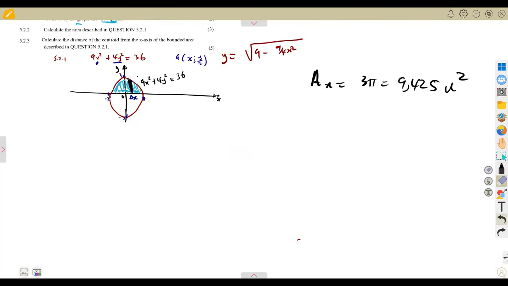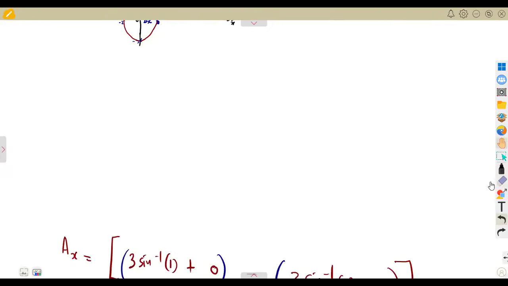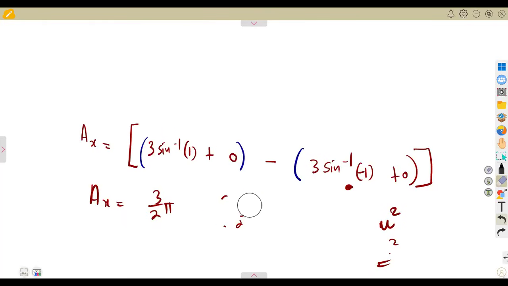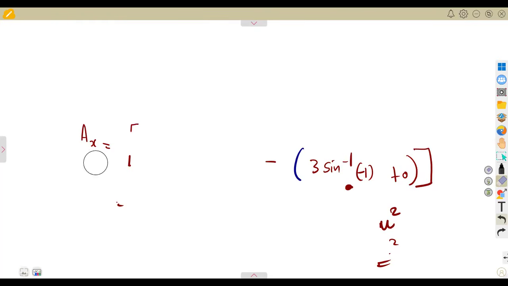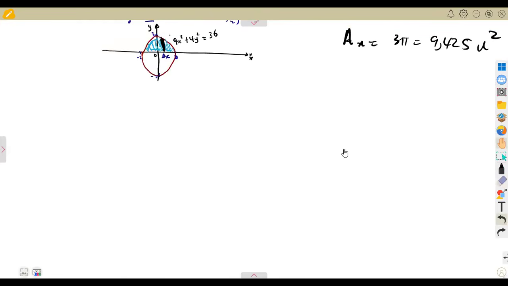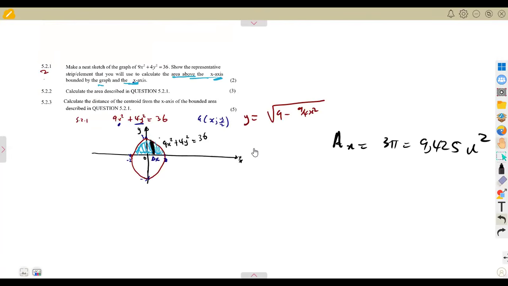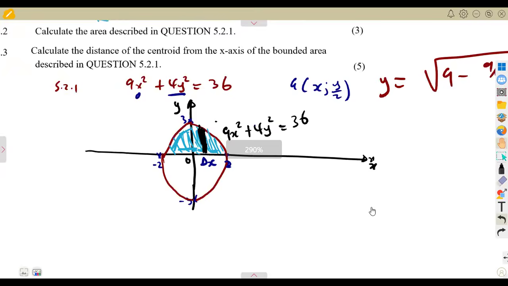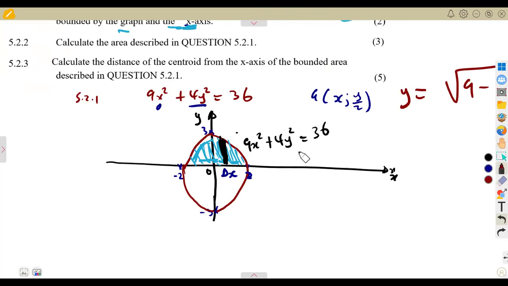Let's see the other part of our question. What is it that we are supposed to calculate now from this function? So you see, guys, it's just a repetition of what we had before, only that now you have to use another formula. This time they want us to calculate the magnitude, which is the distance of the centroid from where?